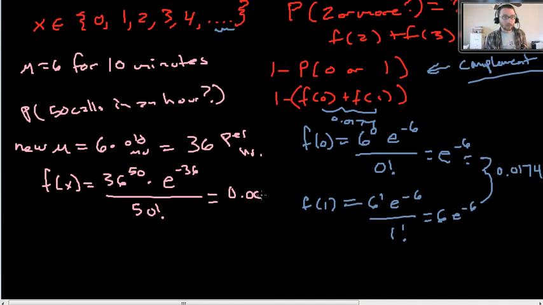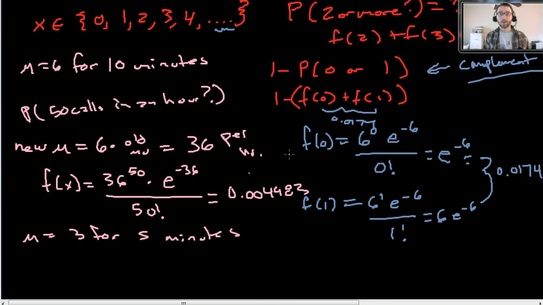It's 0.004983. But you can do that for larger time periods. You can also do 5 minutes, right? Mu would be 3 for 5 minutes, just because it's 6 for 10 minutes, 3 for 5 minutes. A lot of times, if you want to know about another interval, you can just transform the one that you already have.